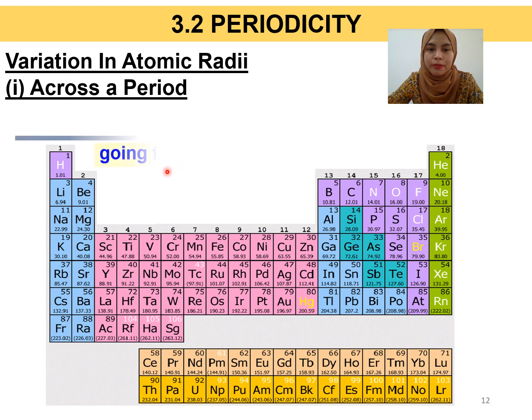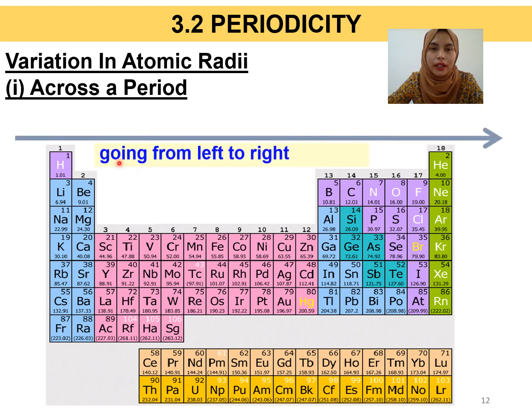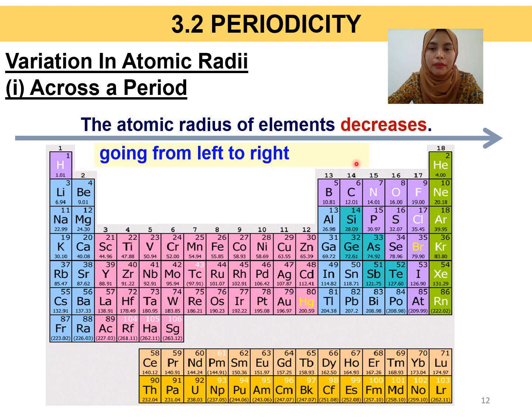Across a period, if you tengok periodic table of elements, it will be going from left to right. So from left to right, actually size of atom makin lama makin kecil. The atomic radius of elements will decrease.